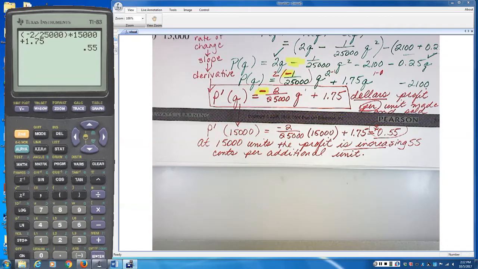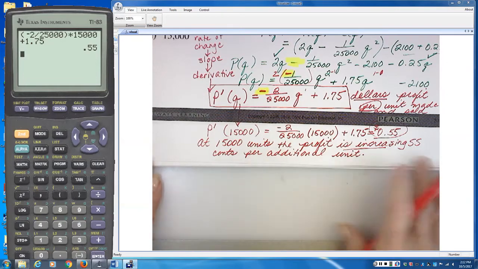Maybe one of the things I can do to help you is make you a sheet with the main ideas: if you've got this information, how do you find the revenue function? If you've got this information, how do you find the cost function? How do you find the profit function? Because you're trying to learn concepts at the same time you're trying to learn calculus. And that kind of trips you up sometimes if you're not careful.